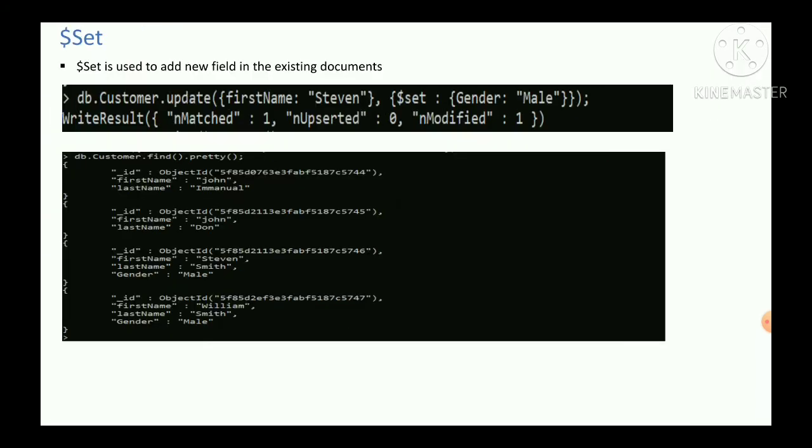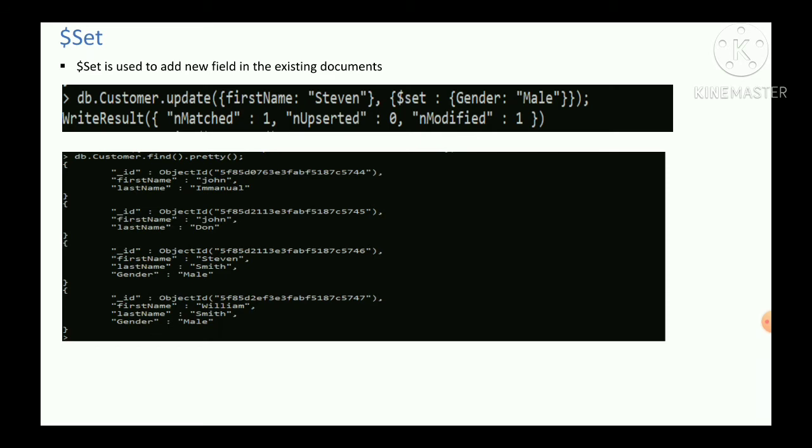I'm going to update the records because I introduced a new field called gender. I need to update the gender for the 3 records that are already there. I'm going to update the gender value for one of the records, Stephen Smith. So I use db.customer.update.